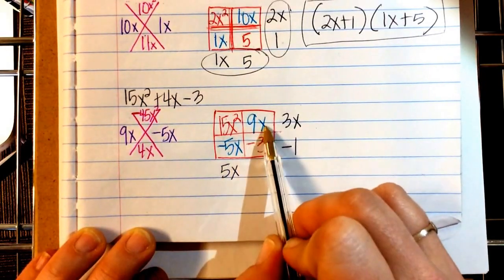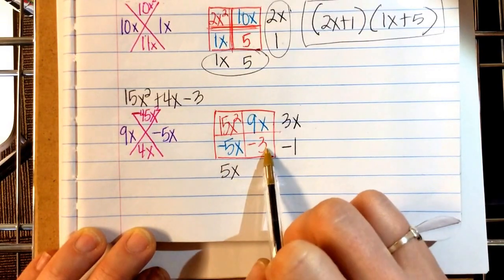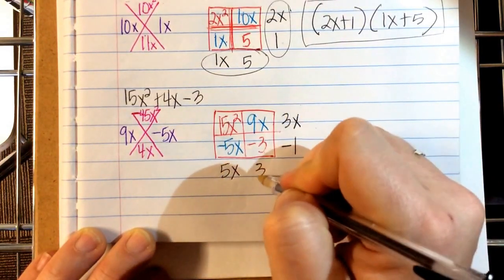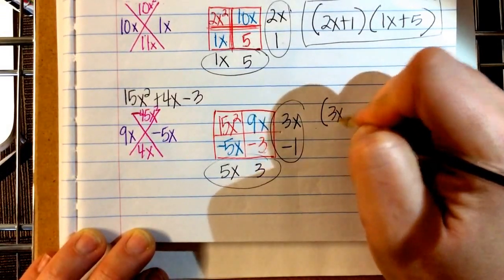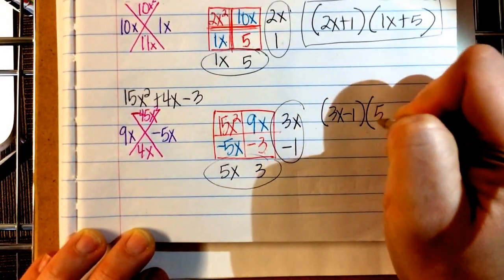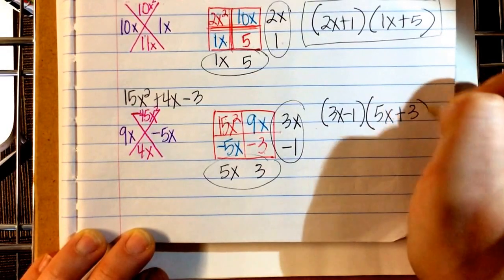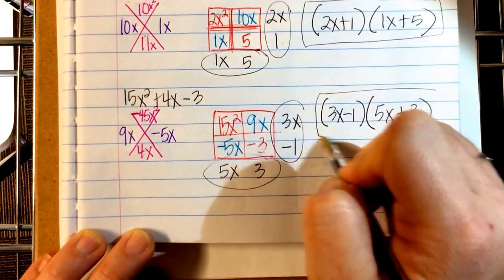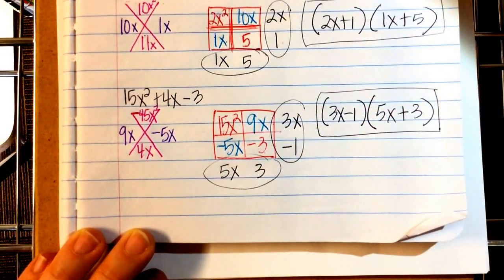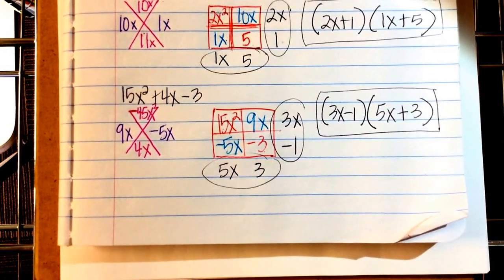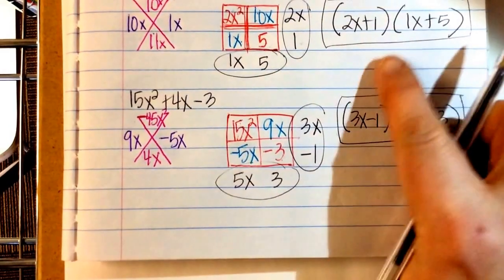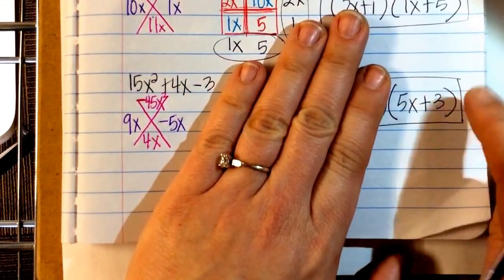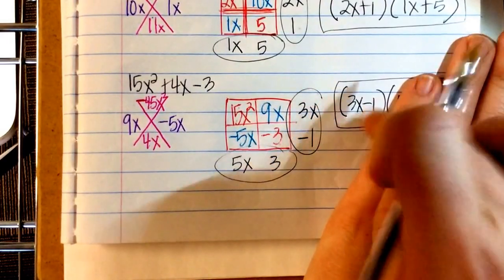What do 9x and negative 3 share? And there's your answer. 3x minus 1 and 5x plus 3. Samantha, it does not matter which one goes first. You could put 5x plus 3 and then 3x minus 1.